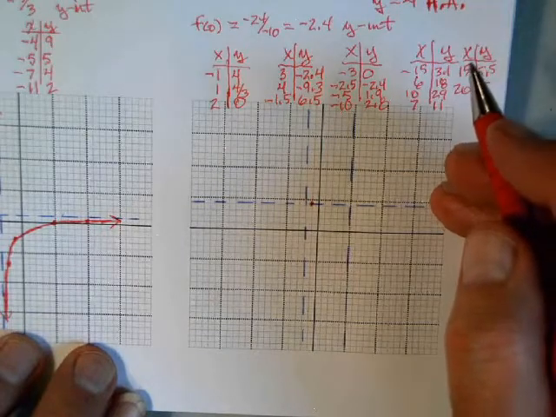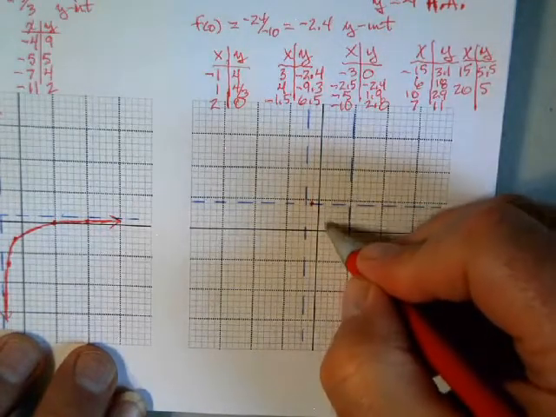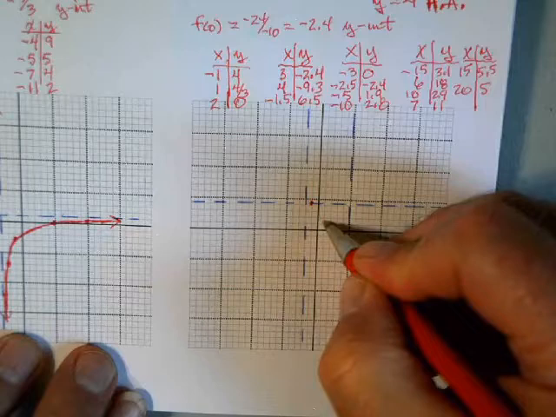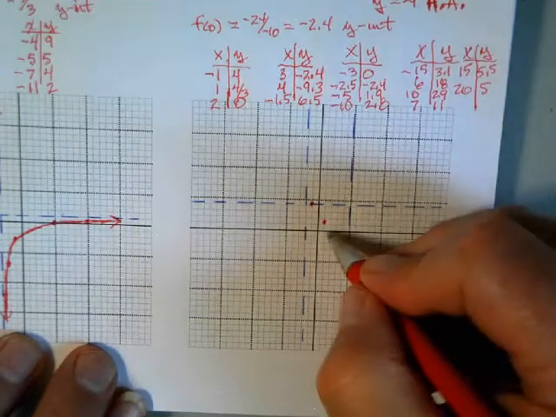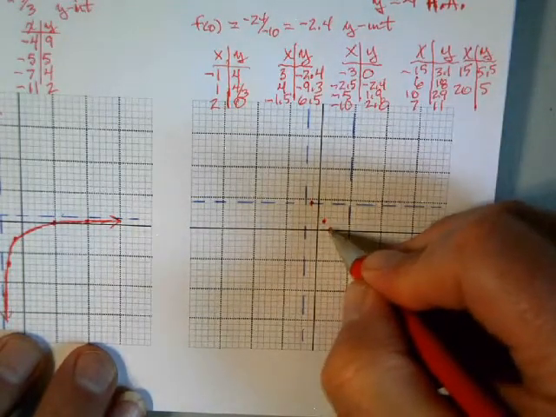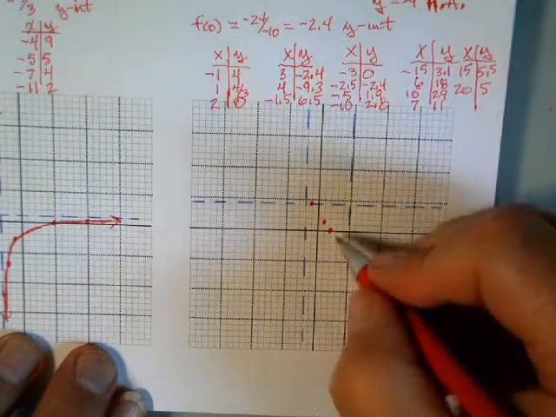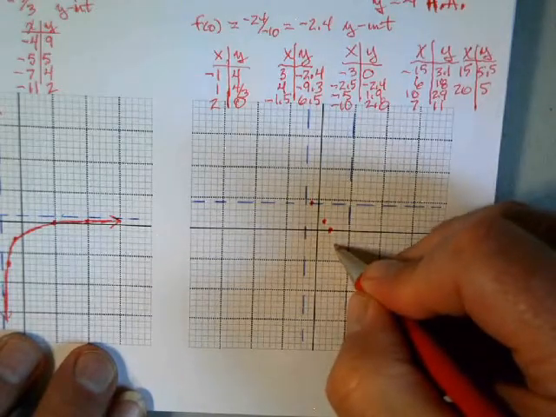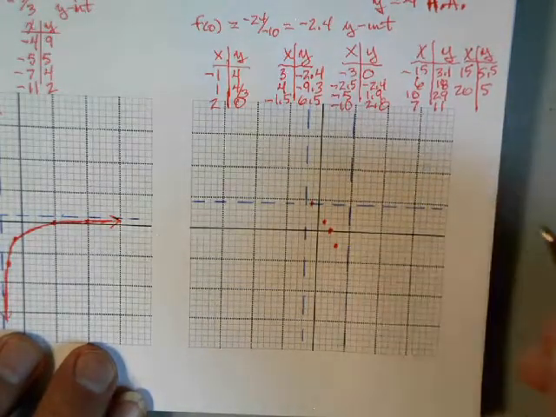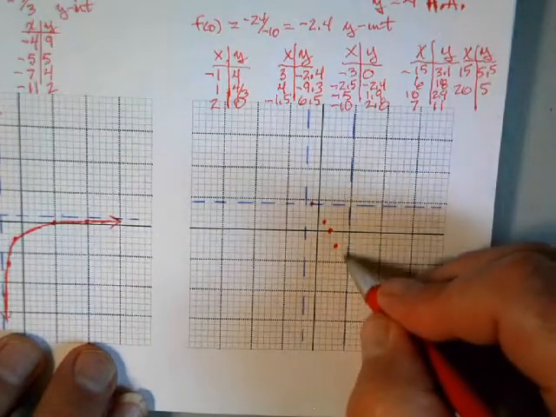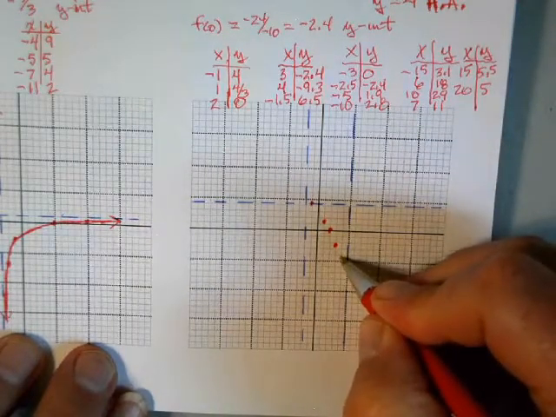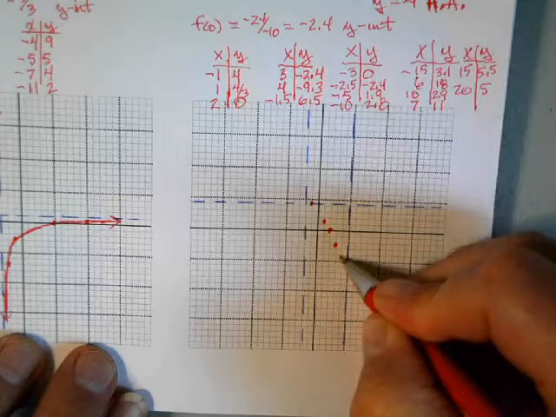And 2 is 0. So that's there. 3 was negative 2.4, so it's about there. 4 was negative 9.3, so not quite 10. There. Let's see. We'll do 5.